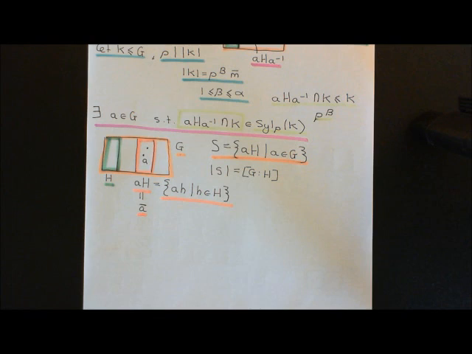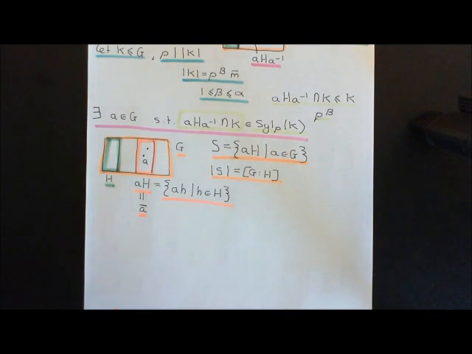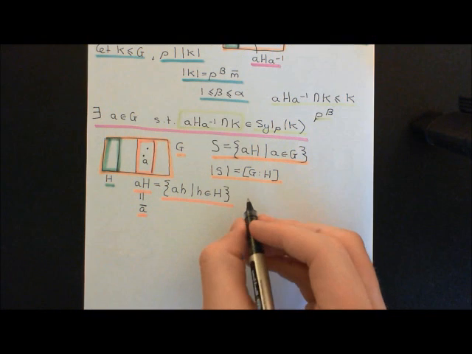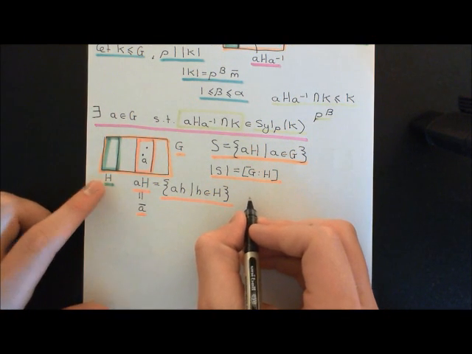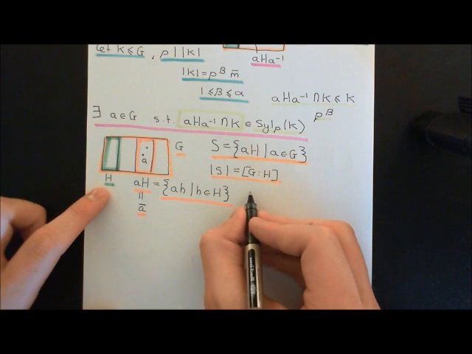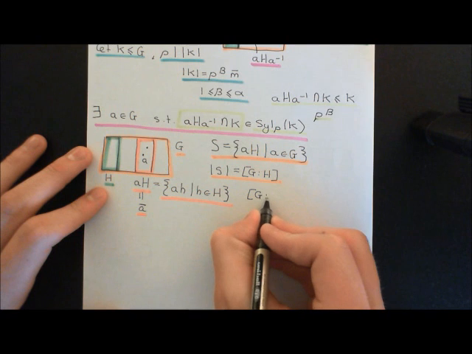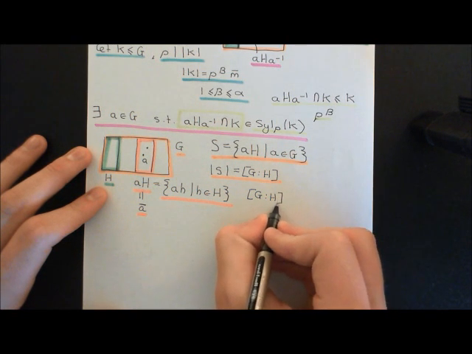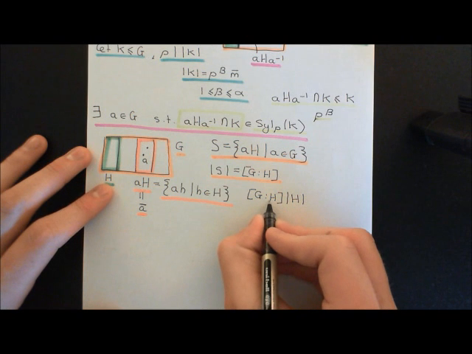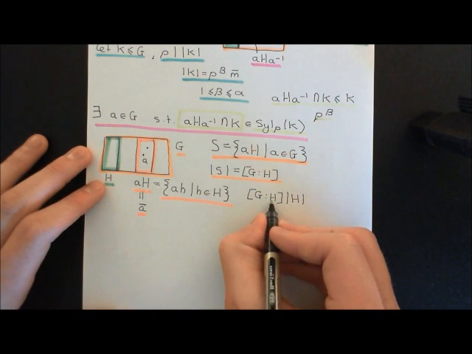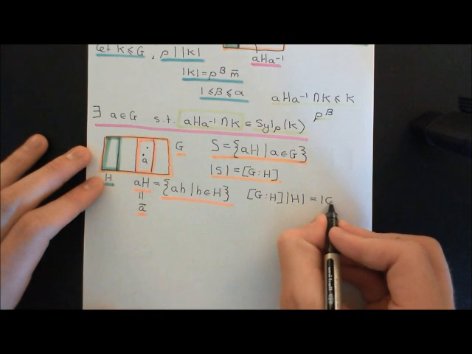I'll just remind you of how you get that. You get it by acknowledging that all of these left cosets of the subgroup capital H all have the same order as the subgroup capital H. So if I want to work out the order of the entire group, I can quite simply multiply the order of the subgroup capital H by the index of the subgroup capital H in the group capital G, and that will give me the order of the group.